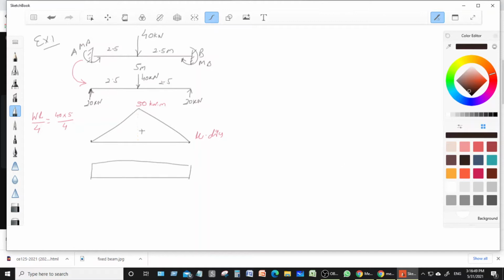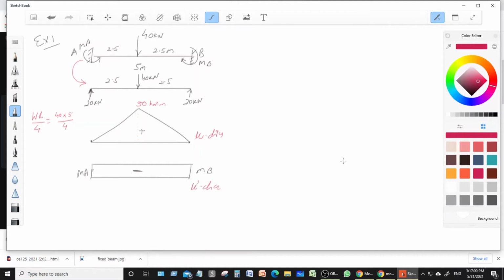It is a symmetrical loading. So here whatever the Ma, the same will be the Mb, and the support moment is always considered a negative moment, and this is your Mu dash diagram, right?